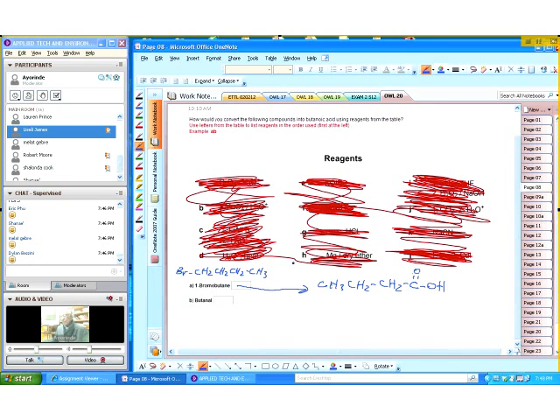We have 4 carbons here and we are ending up with 4 carbons right here. Keep in mind, since we have 4 carbons here, we also have 4 carbons here. We are not forming a new carbon-carbon bond. All we are doing at this point is functional group transformation. Any idea?